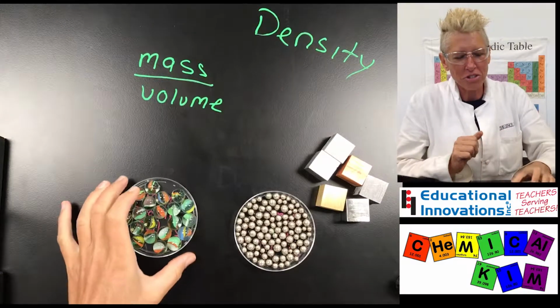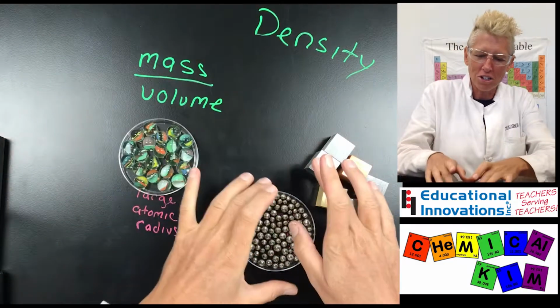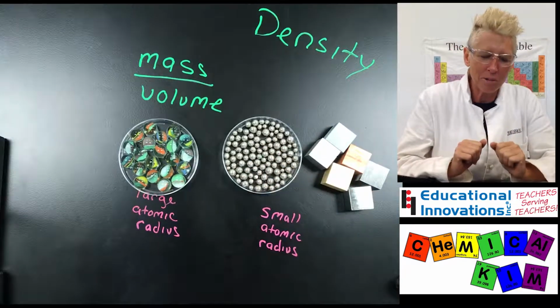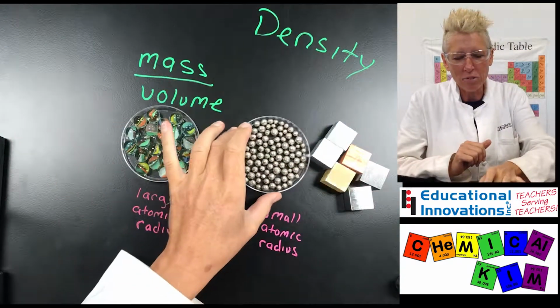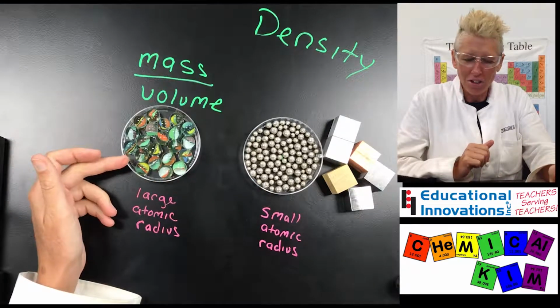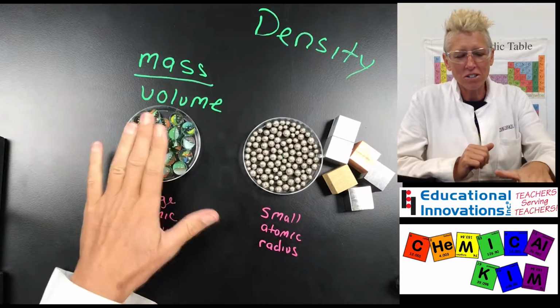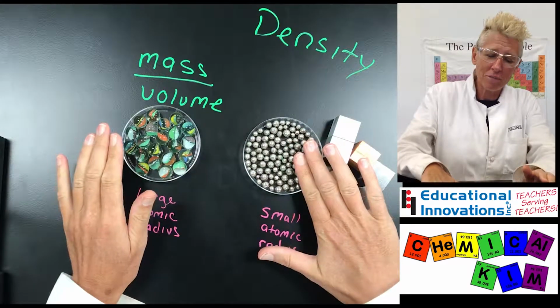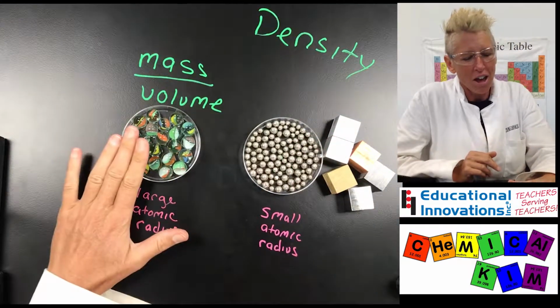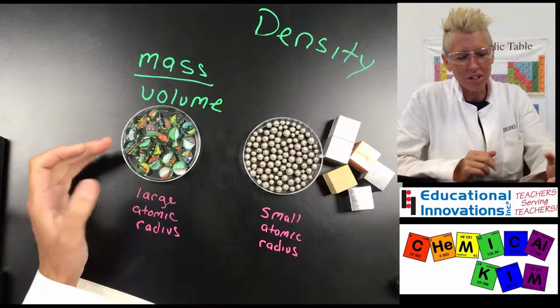Let's look at a comparison in regards to our cubes and our elements, and the elements being made up of atoms. Let's look at atoms that have, say, a small atomic radius and atoms that have a large atomic radius. Now, it doesn't necessarily mean that the small atomic radius atoms are going to be lighter. They could actually be heavier compared to the large atomic radius atoms.